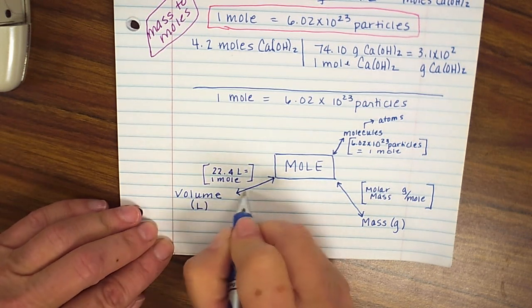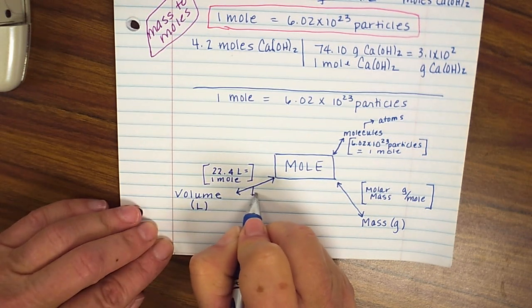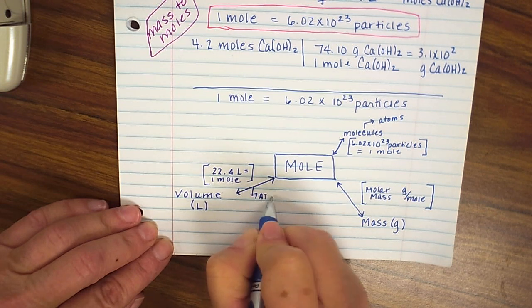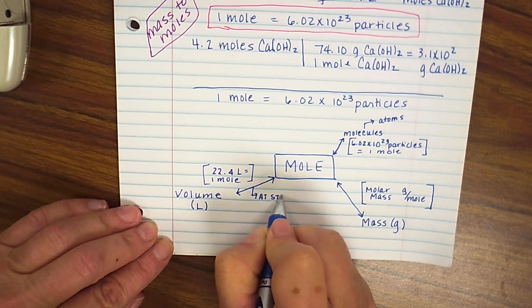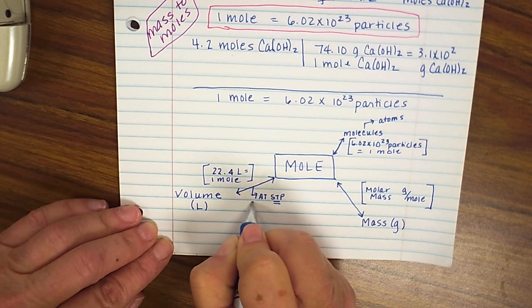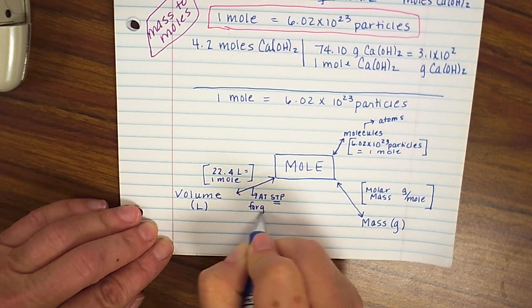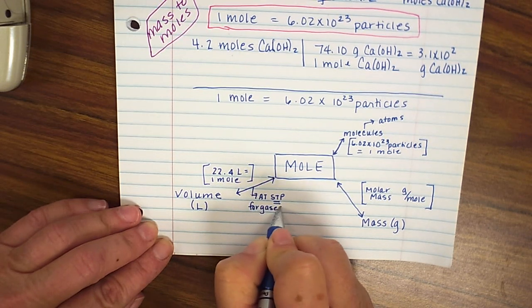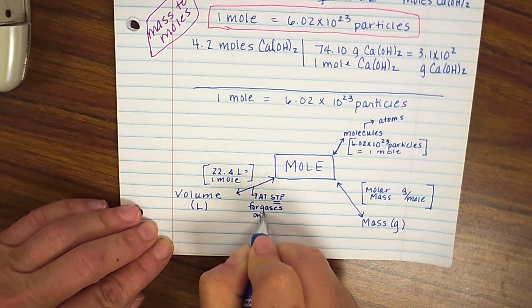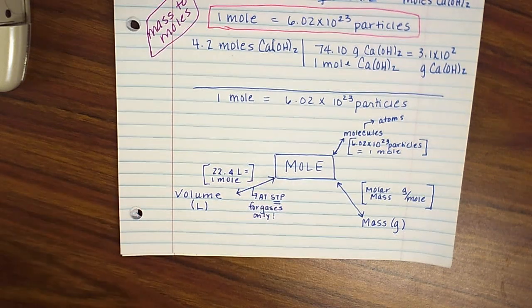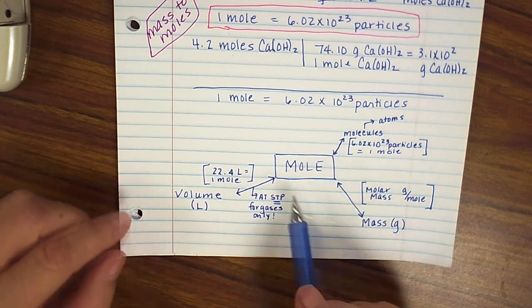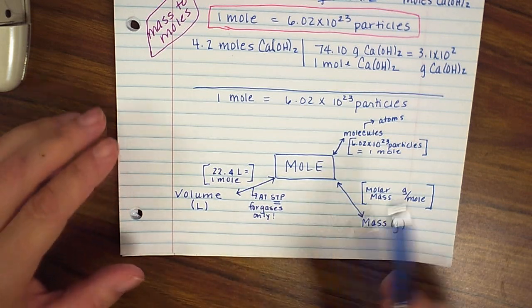Now this is only at STP, which we've talked about before, standard temperature and pressure, and it's for gases only. And so we're not going to get to this for a little while. Okay? So you can't do that for solids. Now you may want to put this on your periodic table. That's what I'm thinking. All right, but we'll keep referring back to this today.